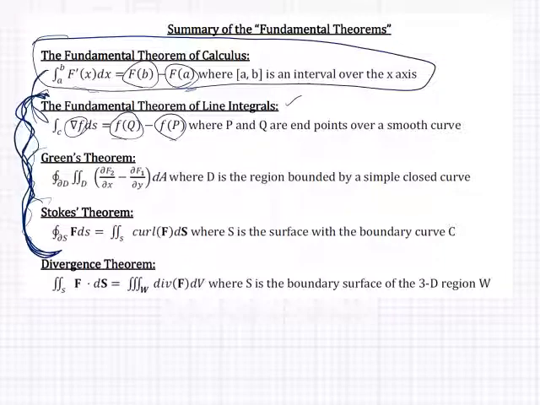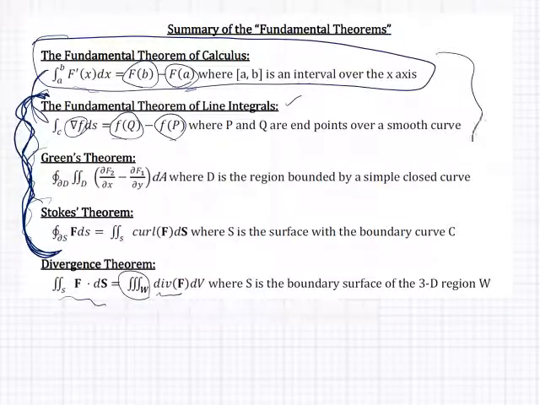And instead of doing that, we're going to integrate a curl of the vector field over the surface for which the curve is the boundary. And then finally, the divergence theorem, which is not integrating a vector field over a curve, but instead integrating a vector field over a surface, in which case we're going to calculate the divergence of the vector field and integrate over the volume for which the surface bounds.